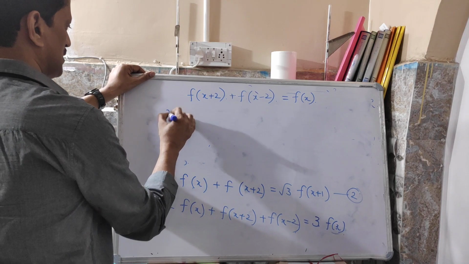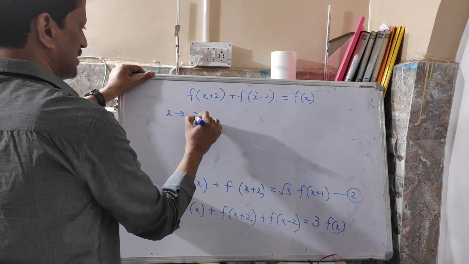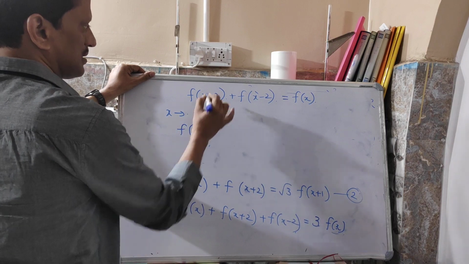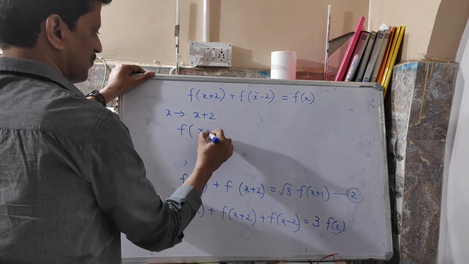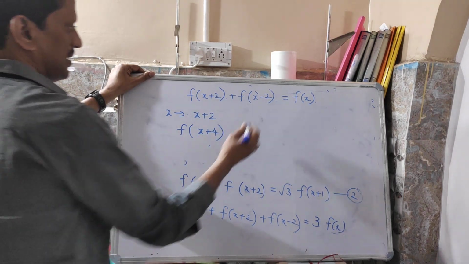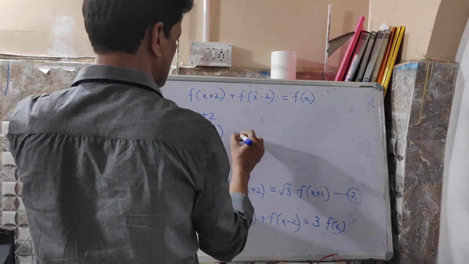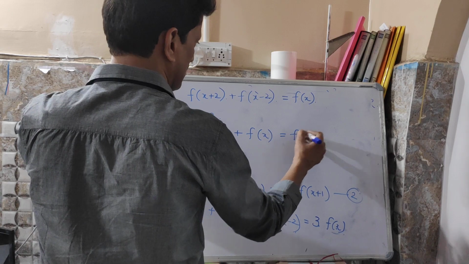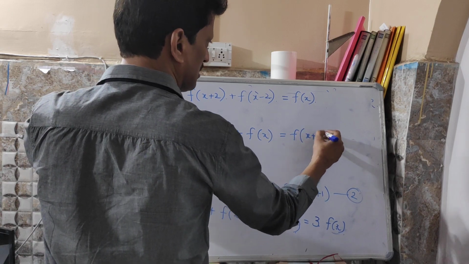नाउ चेंजिंग x to x plus 2, what you will be getting, f of x plus 4, here x plus 2 minus 2, that is plus f of x is equal to f of x plus 2.